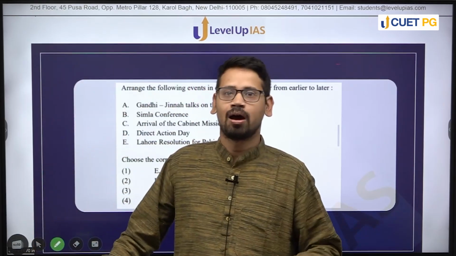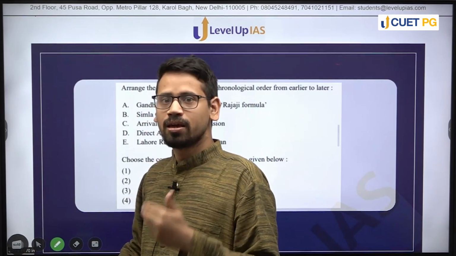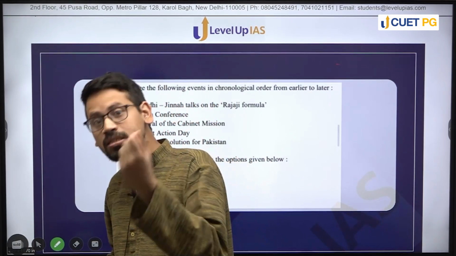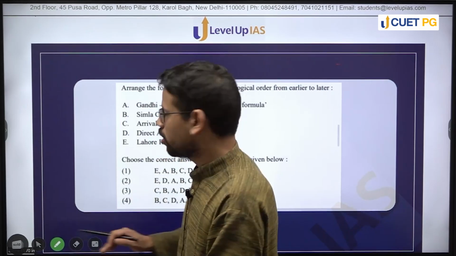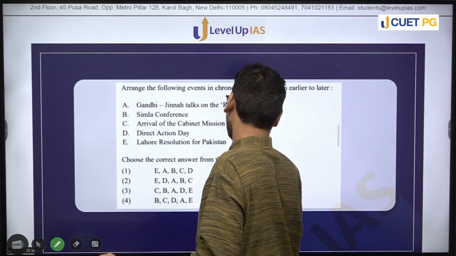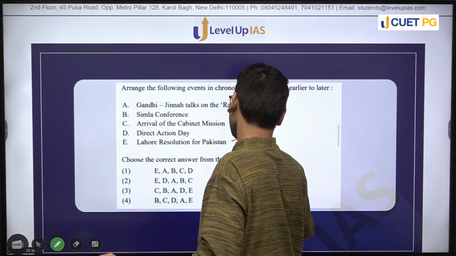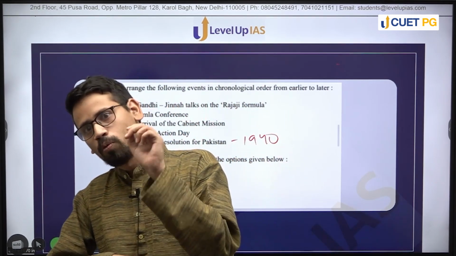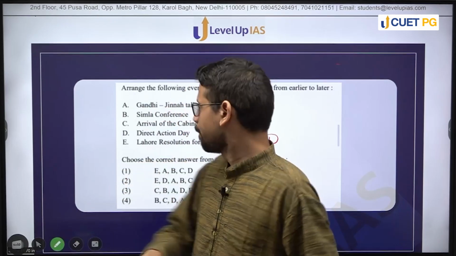But now, after Lahore, this resolution became a mission for Muslim League to assert their right for a separate nation, right? So March 1940 is the time when Lahore Resolution was passed.